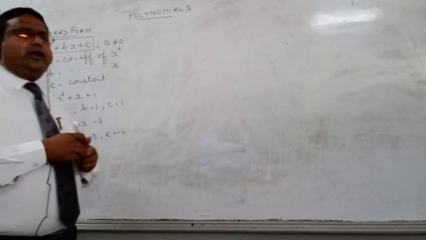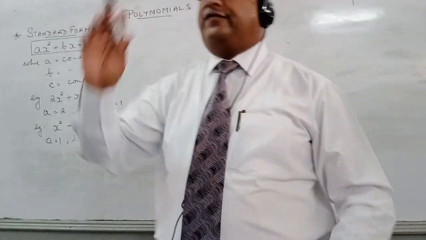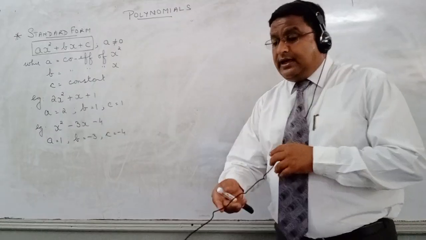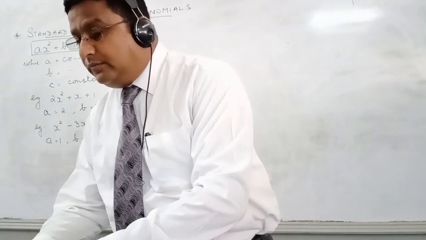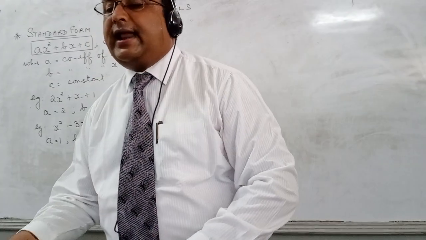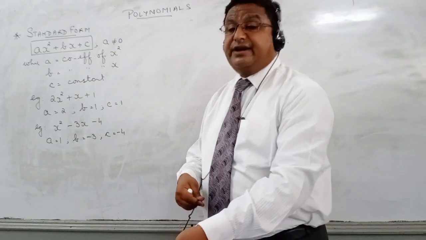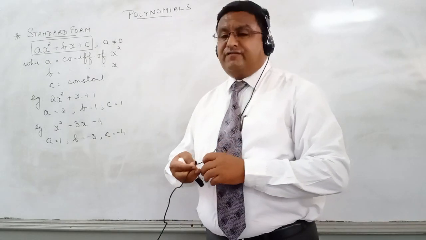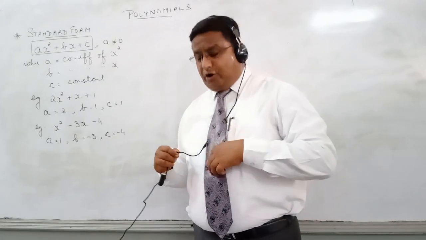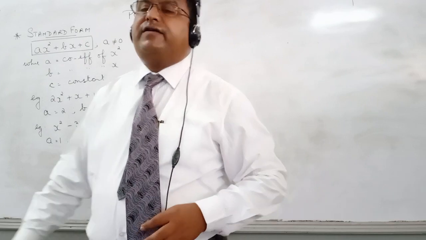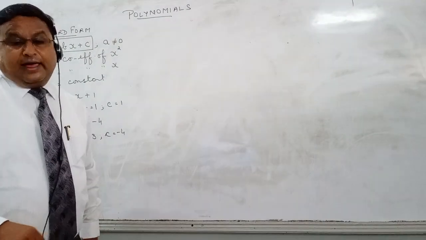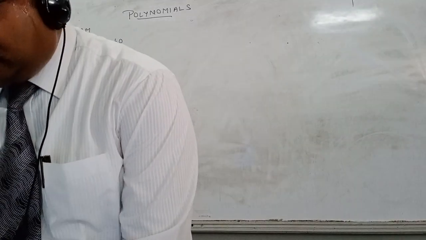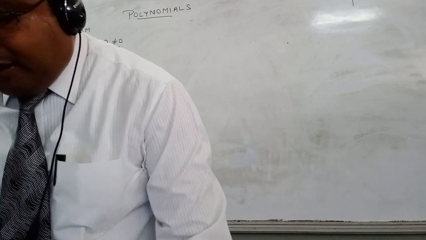Now, in 9th class, you drew a graph of a linear equation. Linear comes from the word line, so it was a straight line. In the same way, every quadratic polynomial is also represented by a graph.